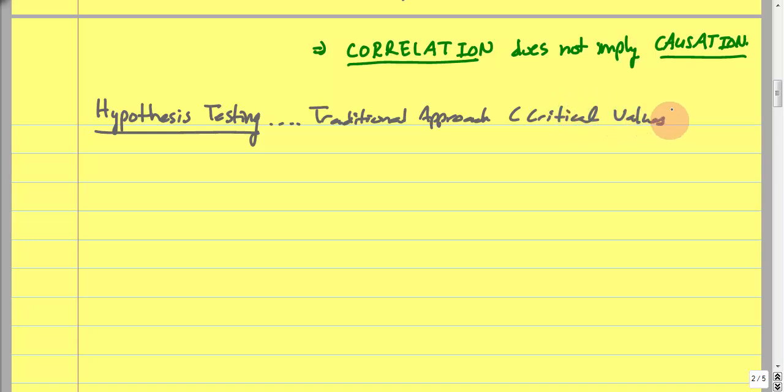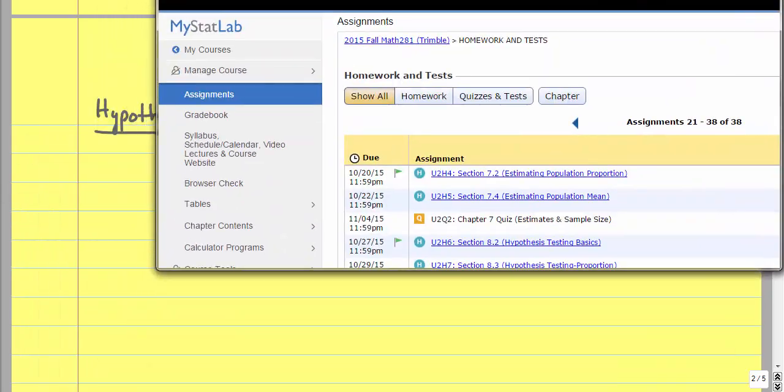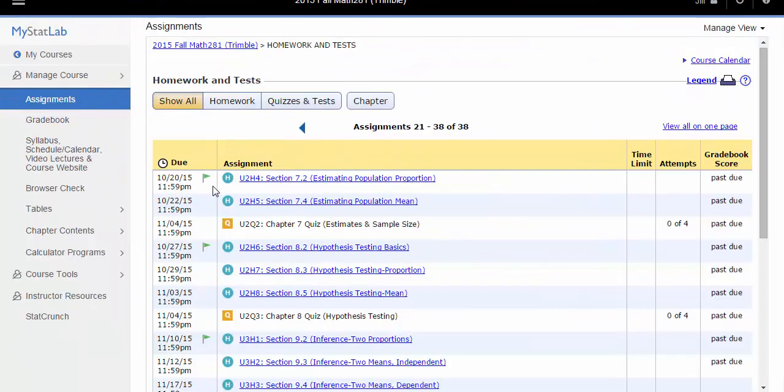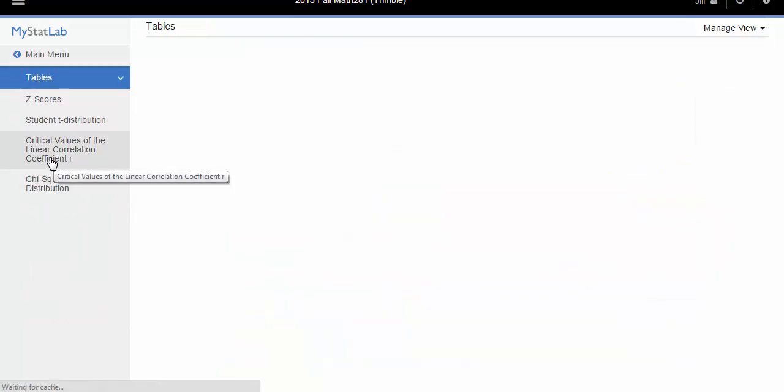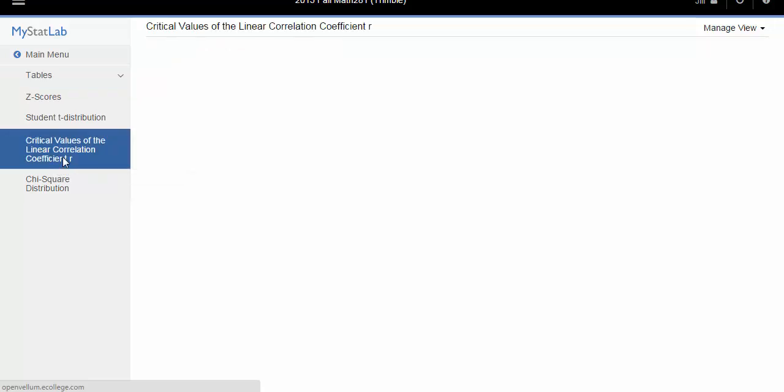Now, if we're going to use critical values, we need a table. Our calculators don't give us values from the table, so we need actually a sheet of values. So if you log into MyMathLab, and down the left-hand side here, you have the option to go into tables. The tables that you're going to want to use are right here, critical values of the linear correlation coefficient R. And if you click on that, we're going to have a list.